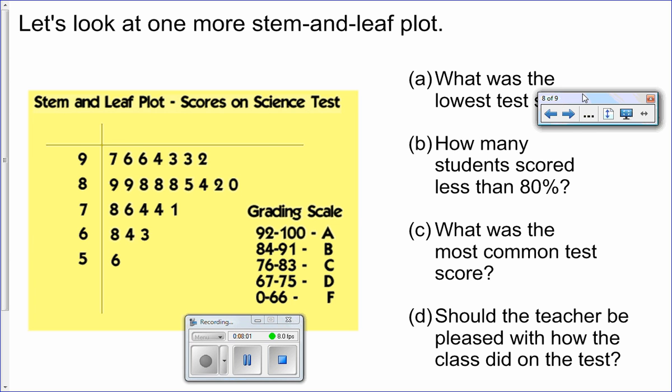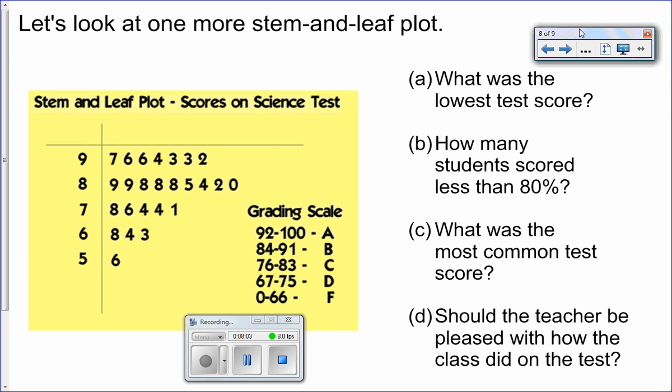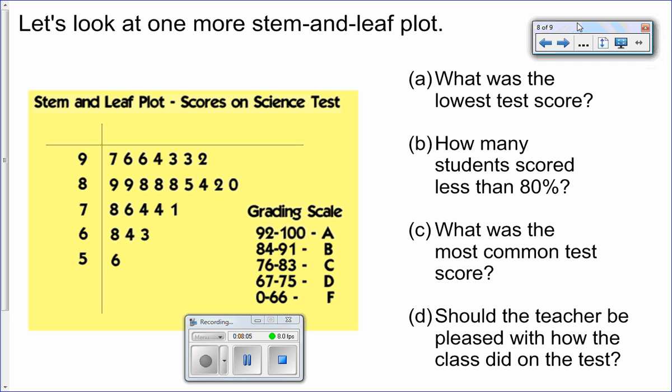Okay, we're going to look at one more stem and leaf plot, but I'm going to leave it to you guys at home to try this out, and then we'll go over this in class tomorrow. So here's a stem and leaf plot for scores on the science test. We've got 4 questions. A, what was the lowest test score?